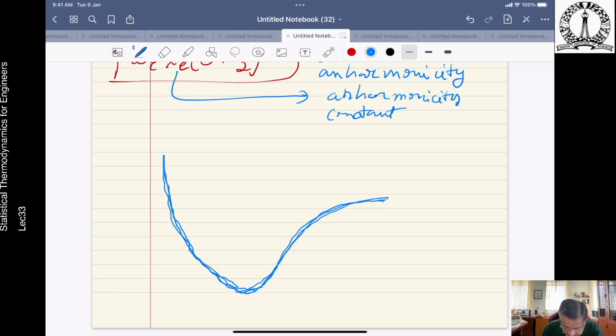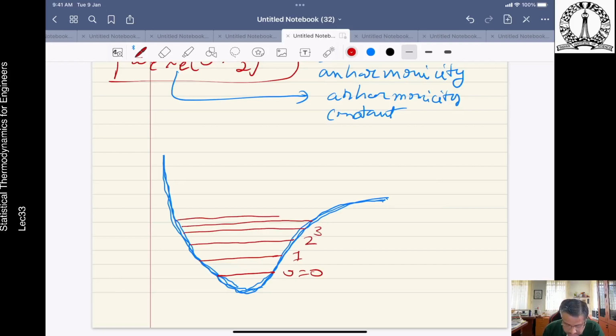Okay, draw this red, one single line basically. 0, 2, 3, like that. Of course, it becomes a little bit adjusted like this.